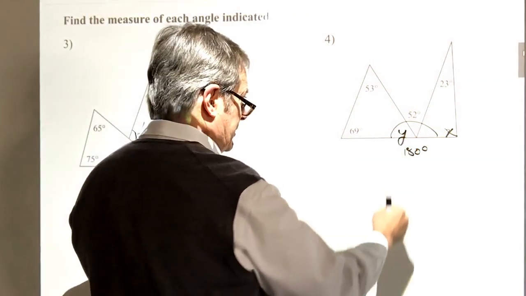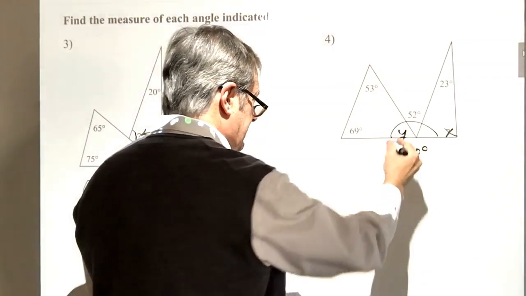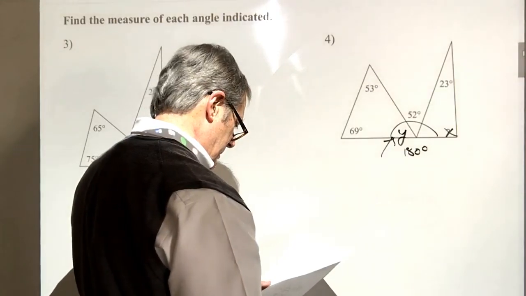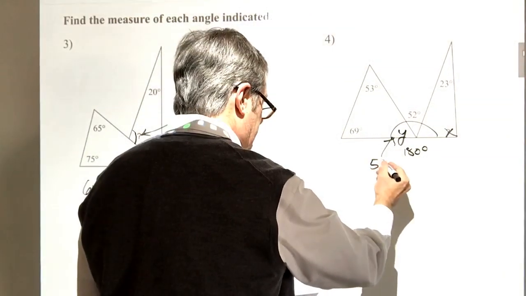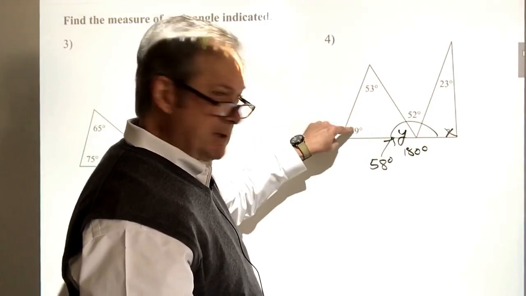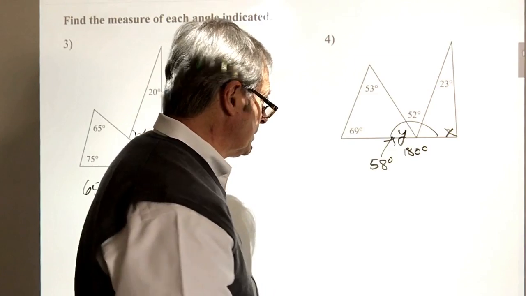All right, so I can get what I'm calling angle Y by adding these two up and subtracting it from 180. And so when I do that, I get that that's 58 degrees. Again, if you missed that, I added these two together, subtracted it from 180, and that had to give me this one.